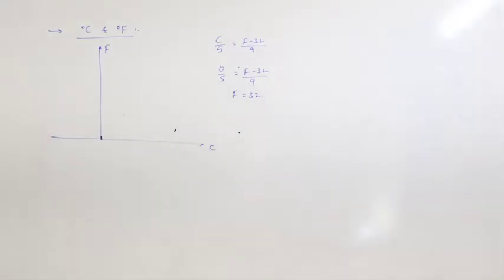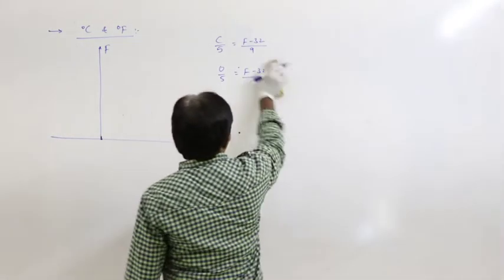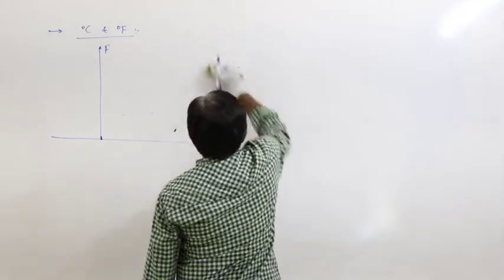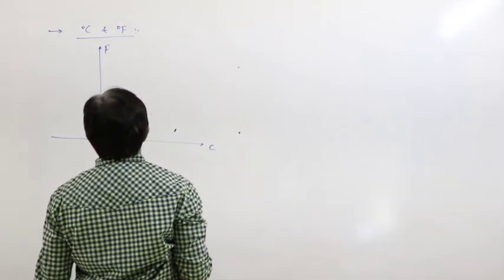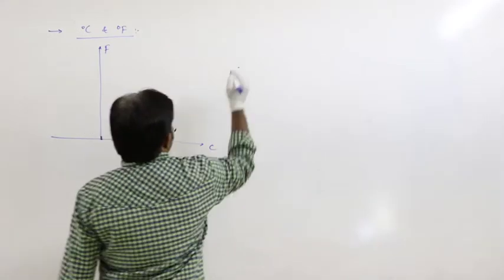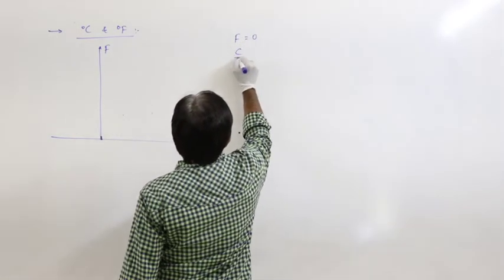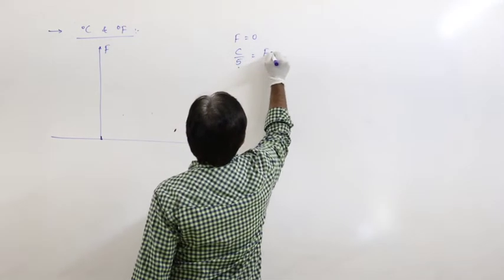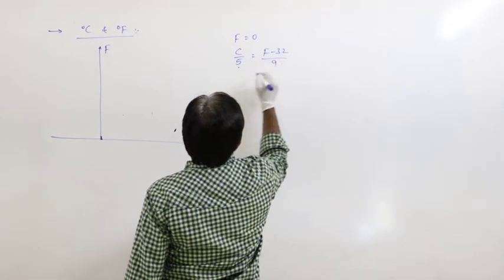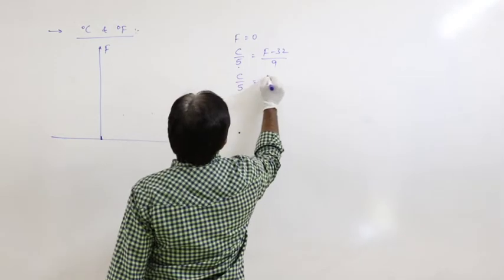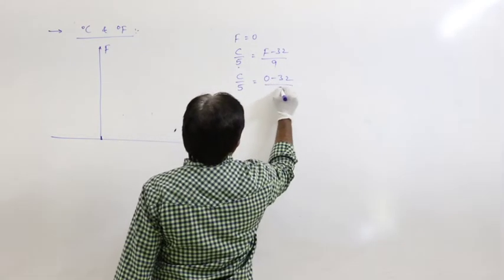Sorry, if Fahrenheit is 0, the y component, F is equal to 0, C is equal to how much? C by 5 is equal to F minus 32 by 9. So C by 5 is equal to 0 minus 32 by 9.